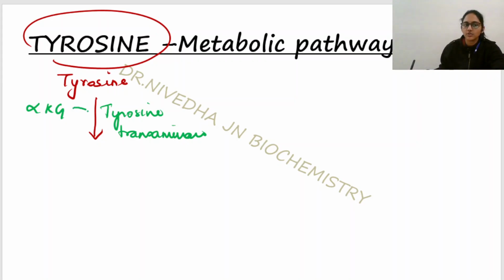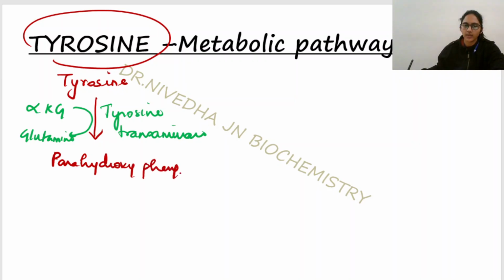Alpha ketoglutarate gets converted to glutamate, whereas tyrosine, the hydroxyphenylalanine, gets converted to para-hydroxyphenylpyruvate, just as alanine gets converted to pyruvate on removal of the amino group. And we all know any transamination reaction will need pyridoxal phosphate.